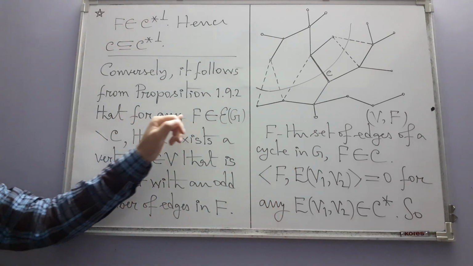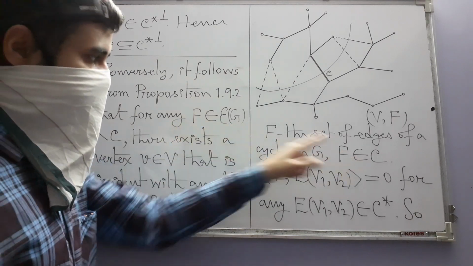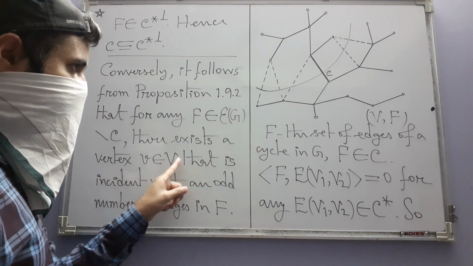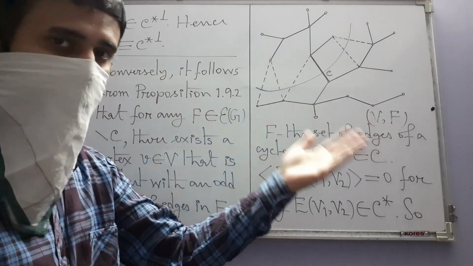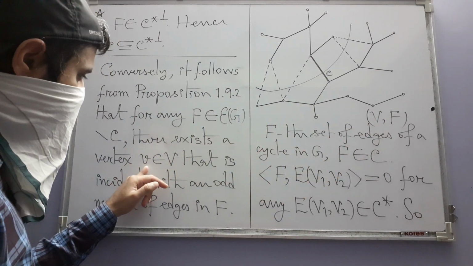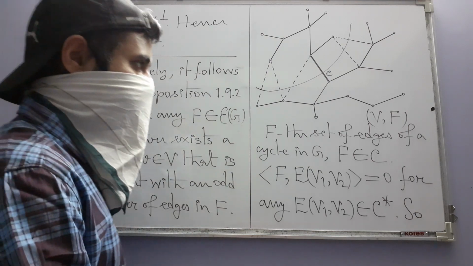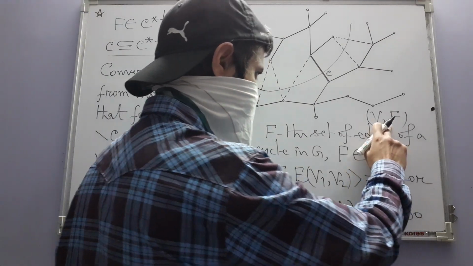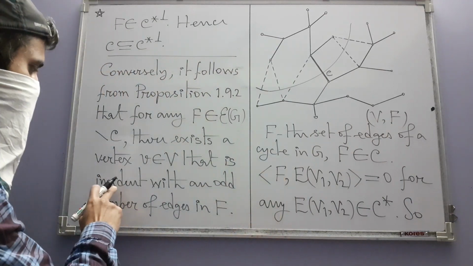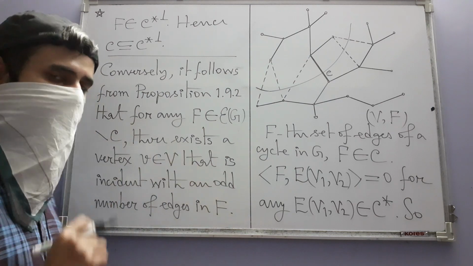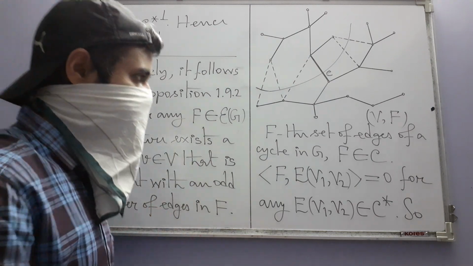So now if we are considering an F which is not in C, then at least one vertex in this graph for that F should be there which does not have even degree. Now, not having even degree in the graph is equivalent to being incident with an odd number of edges in F, naturally.